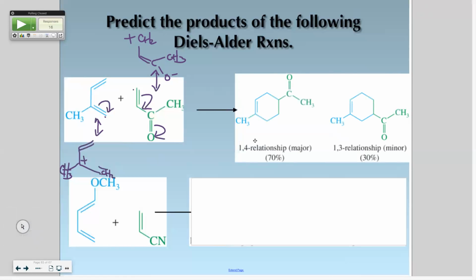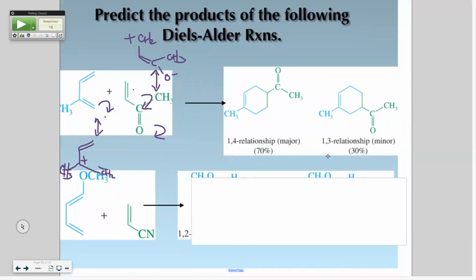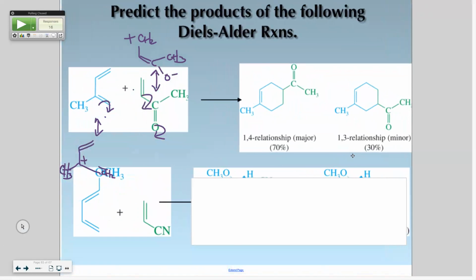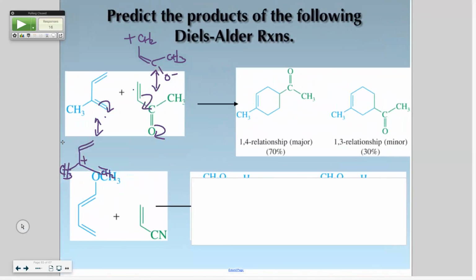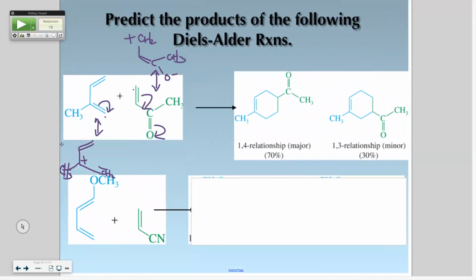Now, this one, you still got some of the minor product. Whereas on the other one, let's see if I can get it back. Is that back? Yeah, the arrows are lined up now. Okay.